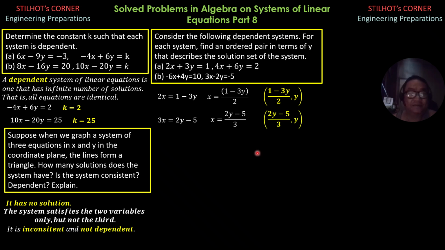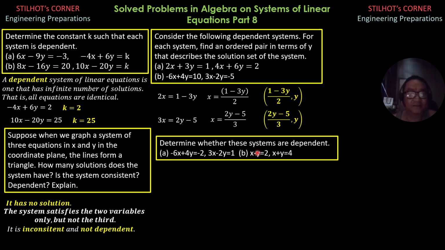And for the last problem, determine whether these systems are dependent. First, if we multiply equation 2 by negative 2, this becomes negative 6x plus 4y equals negative 2, which is identical with equation 1 here.